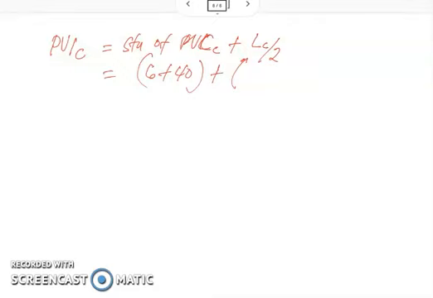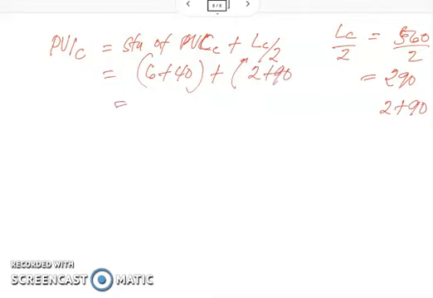L sub C all over 2 is 560 all over 2, which is 280, or that is 2 plus 80. So this gives us a result of 9 plus 20. So you have now your station at PVI for the crest vertical curve. And the station for PVT for the crest vertical curve actually is 12 plus 00. It's already given.